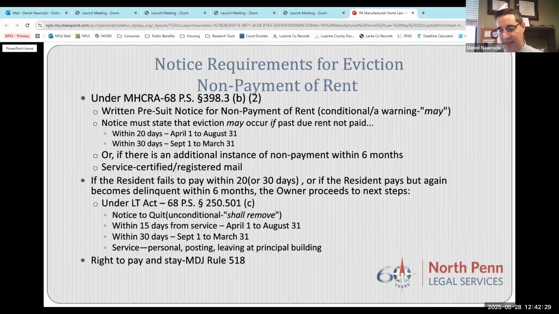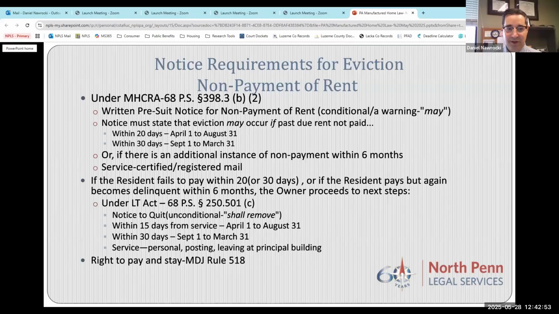And so with any resident of a mobile home, the first notice is what we call a conditional notice. So they should be getting at least two notices. And that's the argument that we would make, that if it's non-payment of rent, they have to get this first conditional notice that allows them an opportunity to cure.